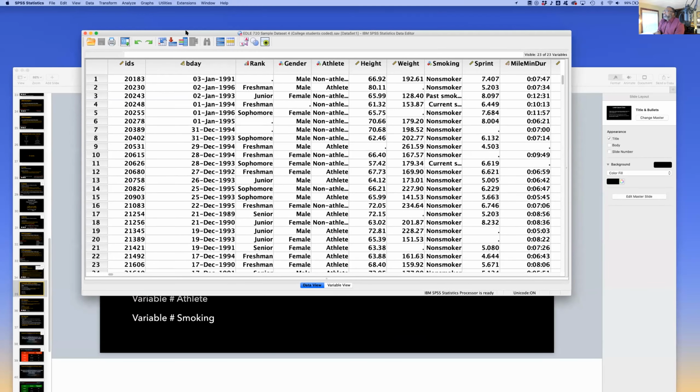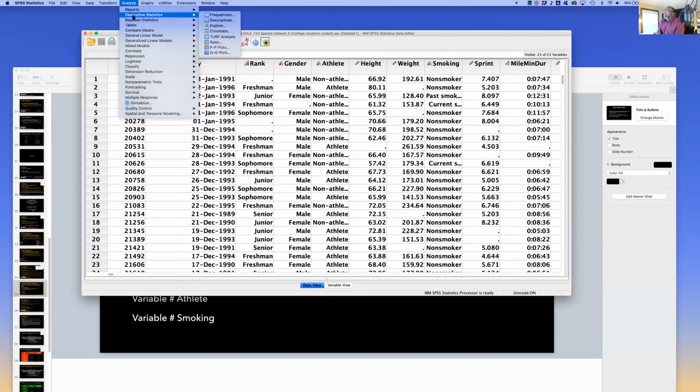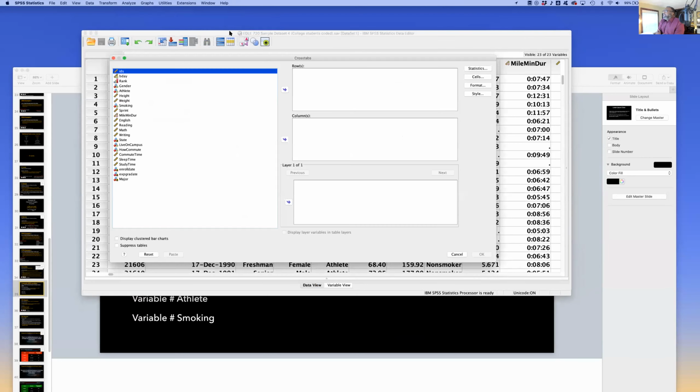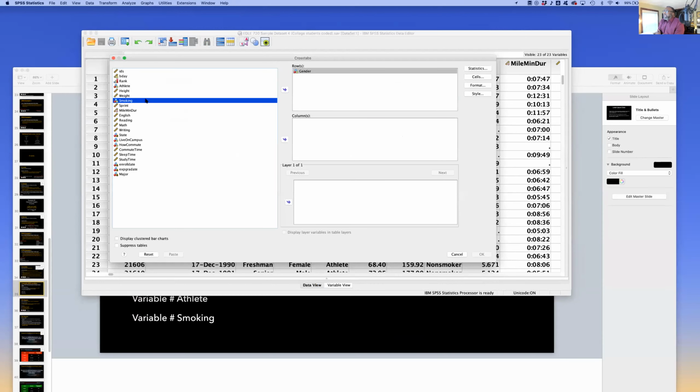So what we're going to do is go to analyze here, then descriptive statistics, then Crosstabs. We believe there is a relationship between gender and smoking habits, right? So before we actually ask the question with SPSS, is there really a relationship between the two, we're going to see what the numbers say.